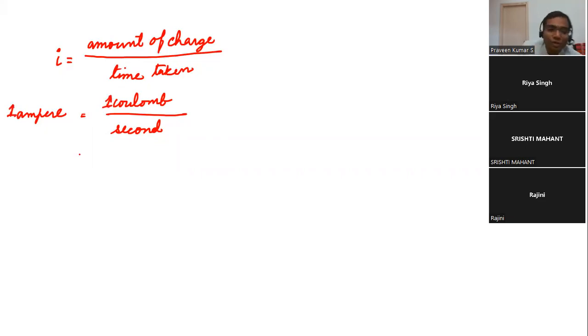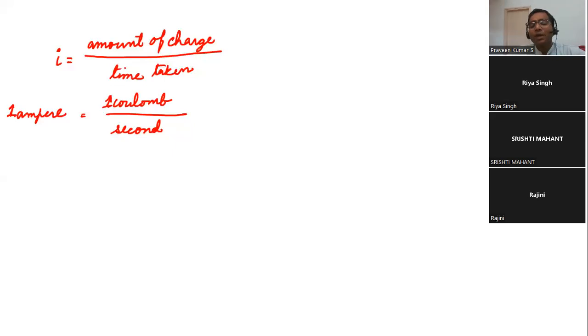So usually, if you look at your phone chargers, they produce 1 ampere current. So what does this 1 ampere current mean? It means that there is 1 coulomb of charge crossing that wire in 1 second.